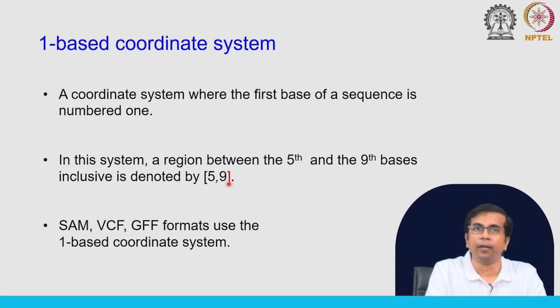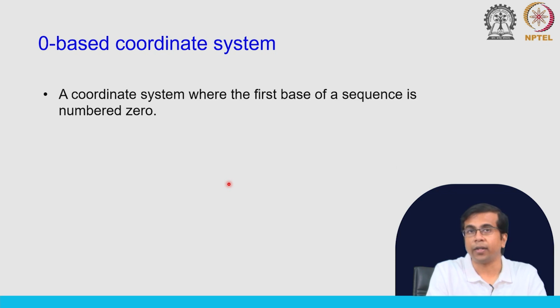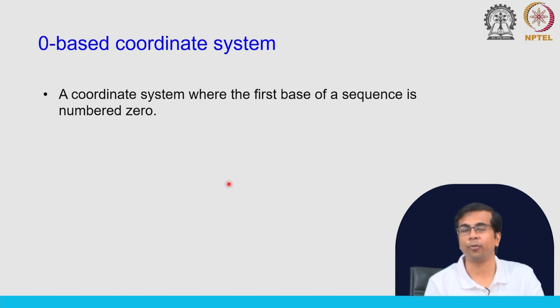And as I mentioned, there is a 0 based coordinate system where the first base of a sequence is numbered 0. Instead of starting from 1, you start from 0, and if you are familiar with programming, in some cases we actually start counting with 0, not with 1. This system uses the same kind of idea.